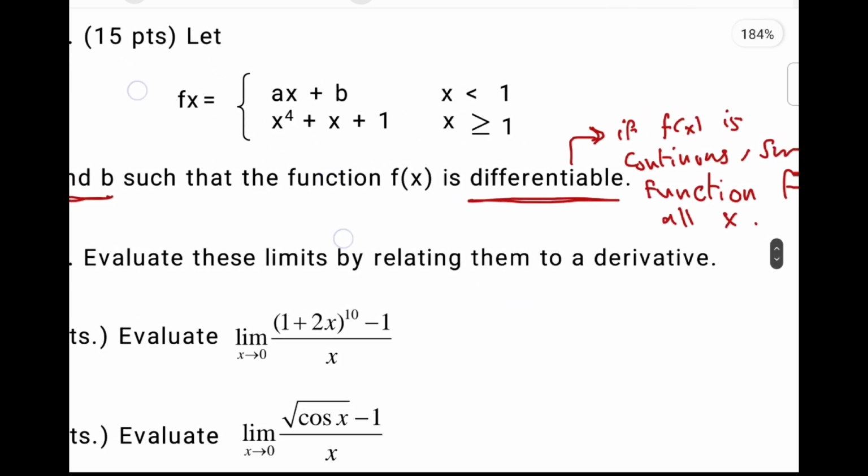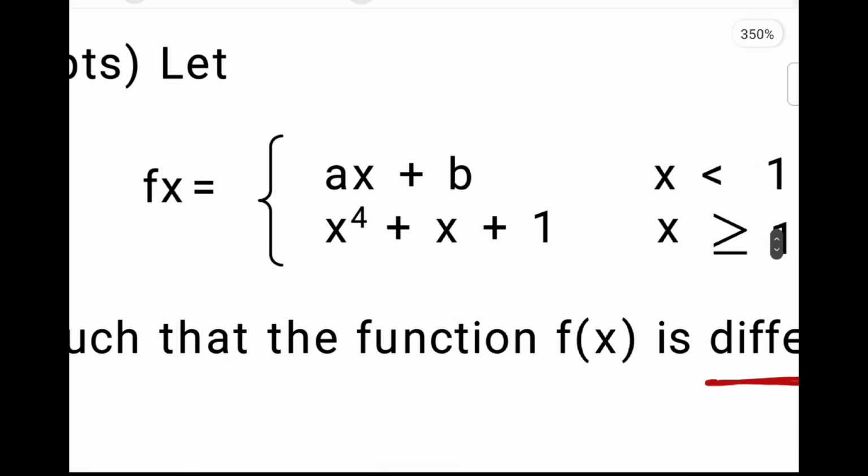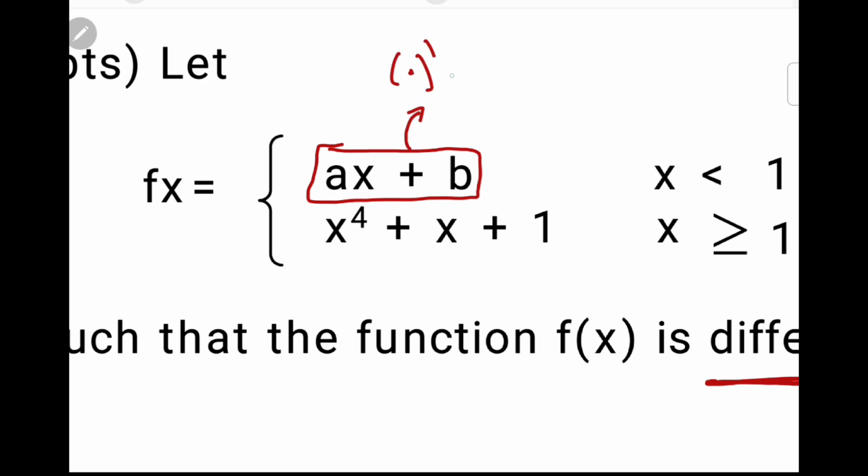If you take the derivative of this function, it is equal to a. And the derivative of this function is equal to 4x cubed plus 1.